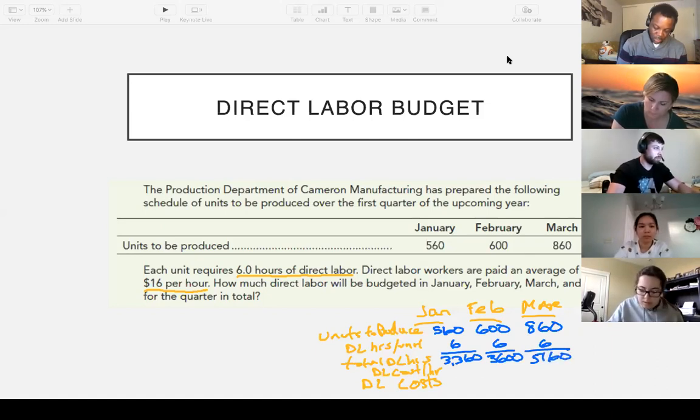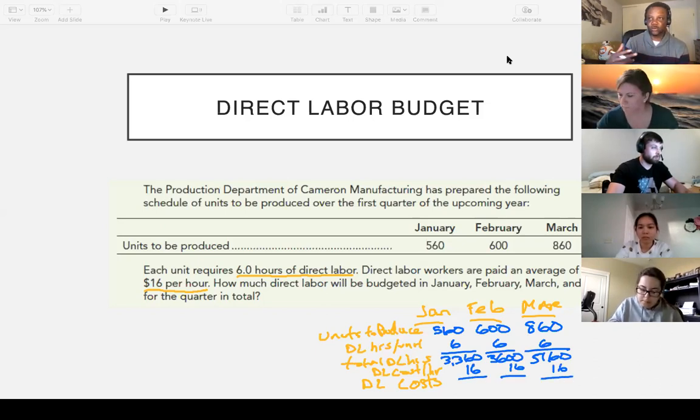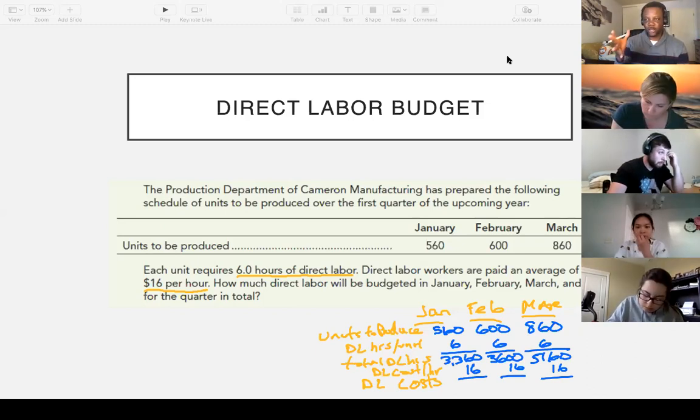And then that gets multiplied by the cost per hour, which is 16 across the board. That number could change in the real world, because with seasonal help, sometimes the cost is lower or higher at certain points in time.